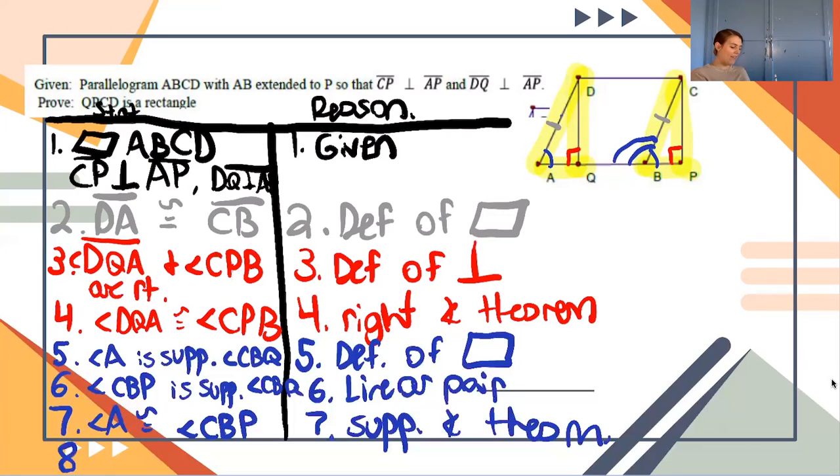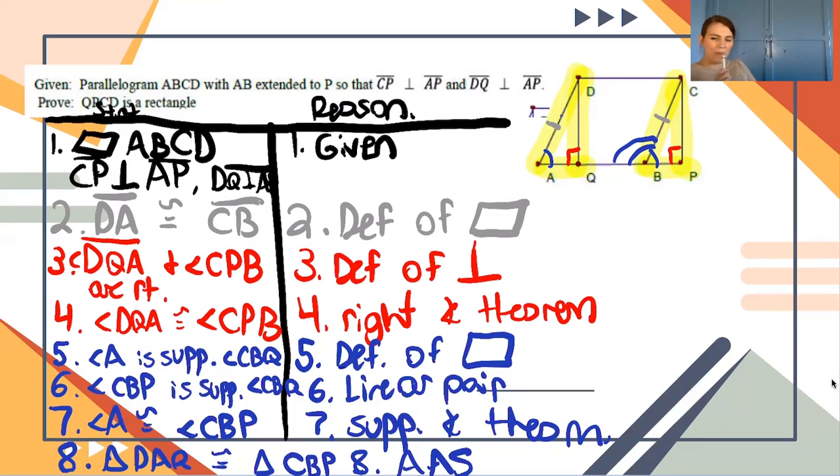So now I have that triangle DAQ is congruent to triangle CBP because of angle, side. Oh, I've run out of room, but we're at almost the last step.